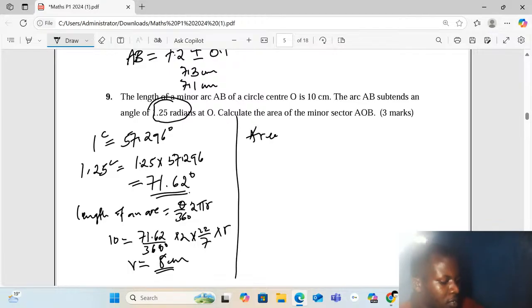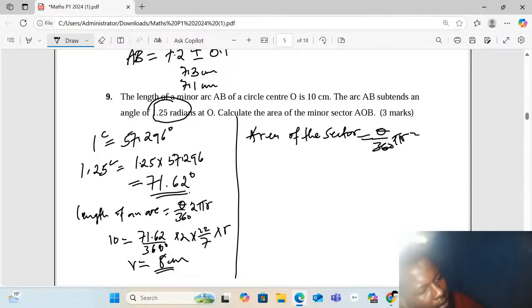Now we have to look at the area of the sector. The area of the sector is equal to theta over 360 times pi r squared.